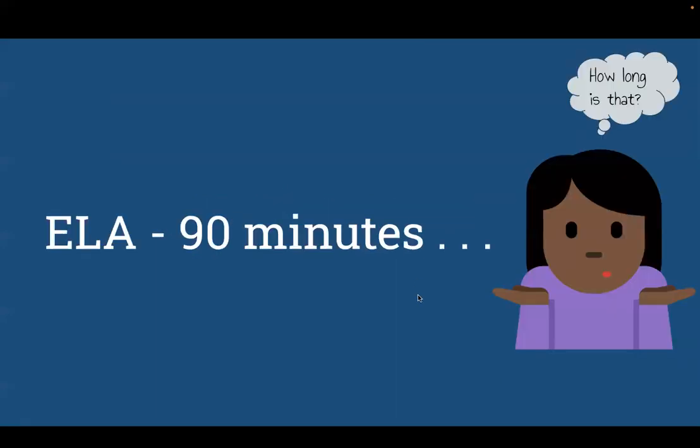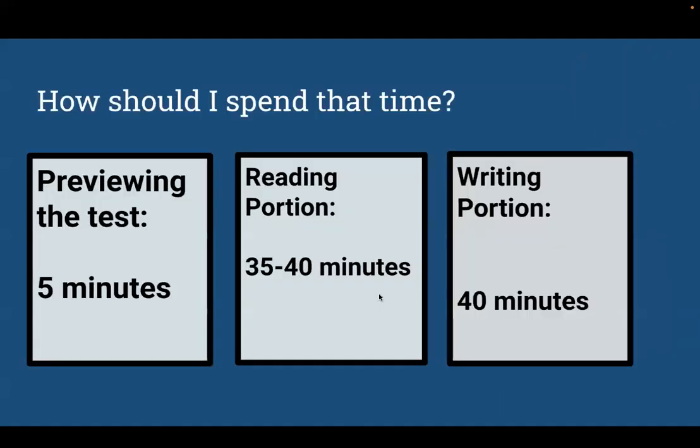So the ELA sections, there's two of them, and that's 90 minutes. For some people, it can be hard to know what that looks like, how much time is 90 minutes, and how should I use it? So we've broken it down for you here about how you should spend your time. The first 5 minutes is previewing the test itself.